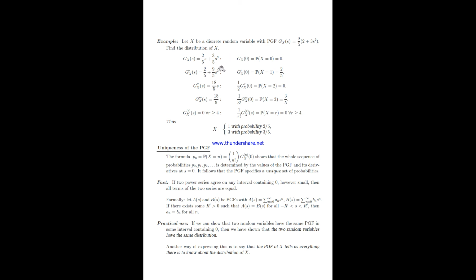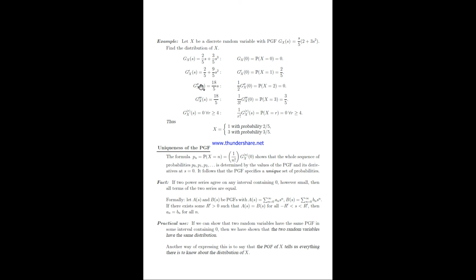Then we take the first derivative: 2 over 5 plus 3 into 3, that is 9 over 5, into s to power 2. When you substitute 0, the second term cancels out and you get 2 over 5. So from the first derivative you get the P1 value, the probability where x equals 1.